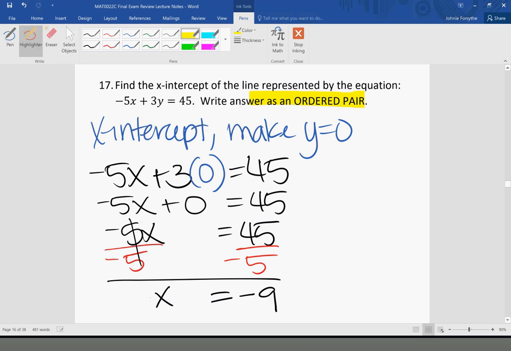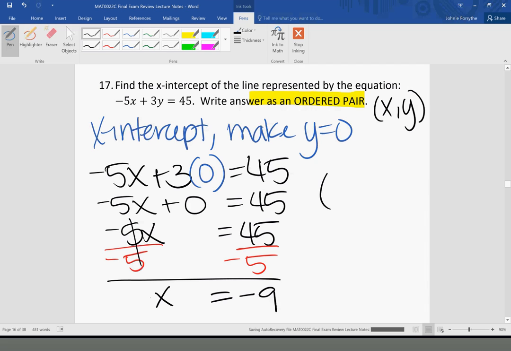Now notice it says to write it as an ordered pair. That's very important. If you don't write the answer as it asks for it, you'll get the wrong answer. If you just type in negative 9, that is not going to be the answer. This is a point on the line. Okay, this is where your line crosses the x-axis. It's a certain point. So an ordered pair is x comma y with parentheses around it.